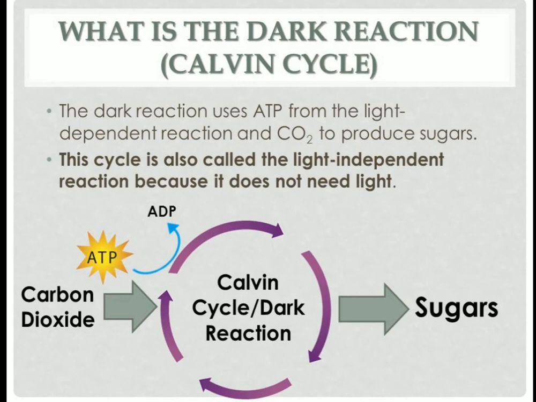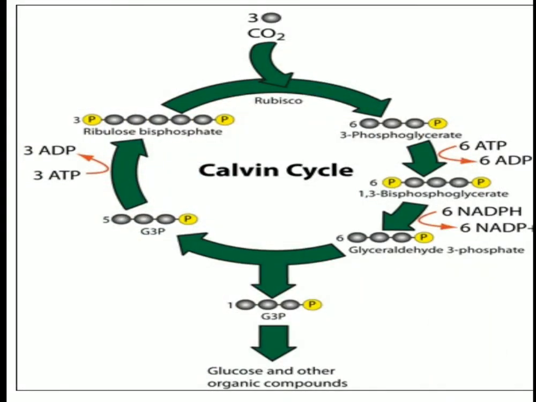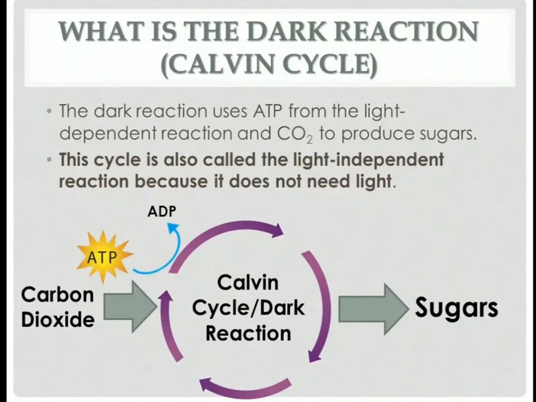We learnt in the light reaction that ATP, NADPH and oxygen are the products of the light reaction. Of these, oxygen diffuses out of the chloroplast, while ATP and NADPH are used to drive the process of synthesis of the food.